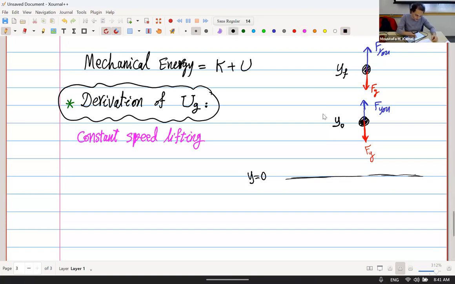And the reason why I'm doing constant speed is I want to relate the force you exert on the ball to the force of gravity acting on the ball. They will be equal in magnitude because constant speed means no acceleration. So there is a dynamical balance between forces. Okay. So these two forces will be equal.